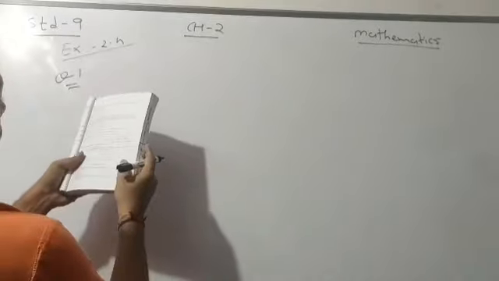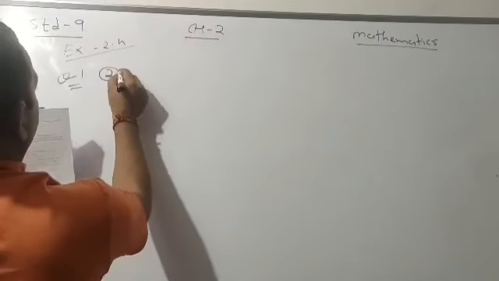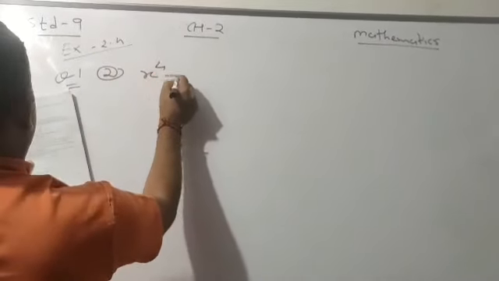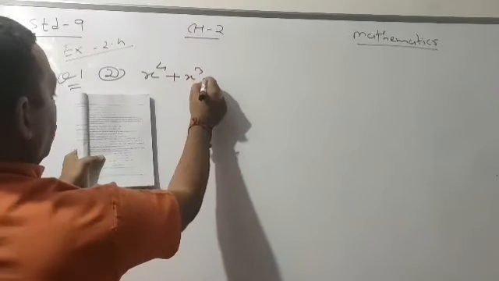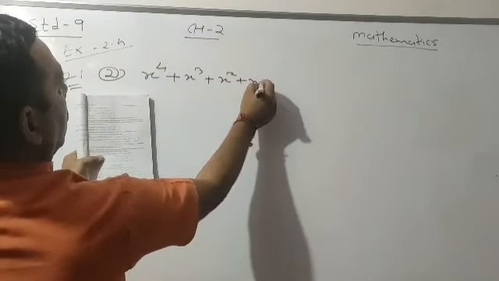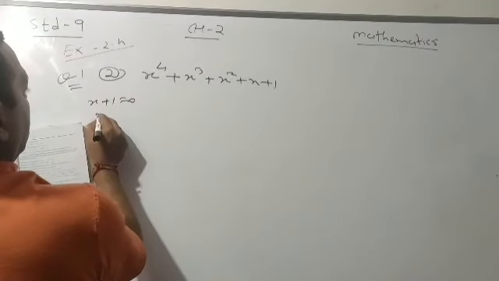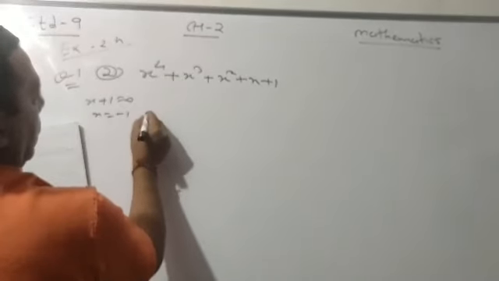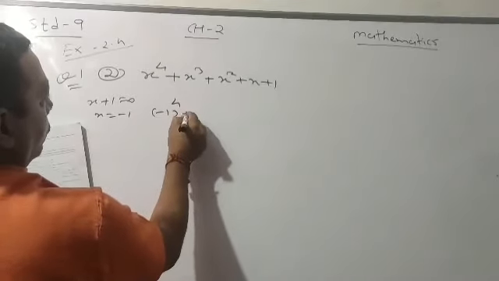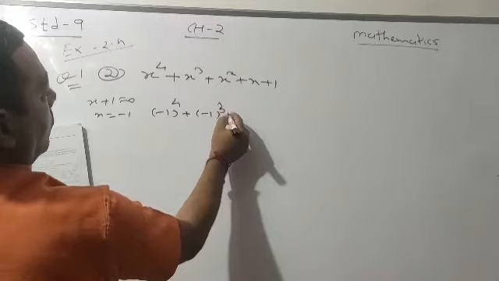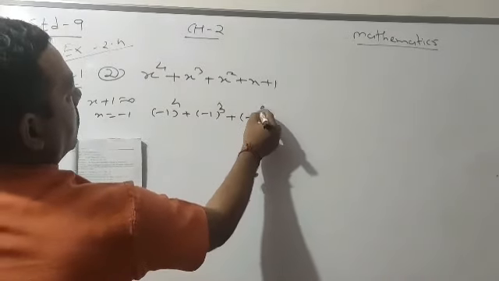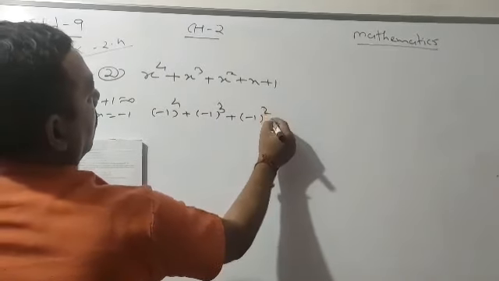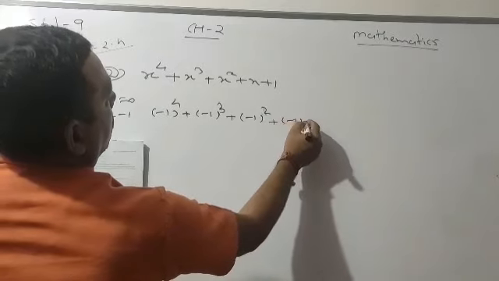See, the second question is x raised to 4 plus x cube plus x square plus x plus 1. Again the same, x plus 1 equal to 0, so we get x equal to minus 1. Now we will put minus 1 wherever there is x. So minus 1 power 4, minus 1 power 3, minus 1 power 2, minus 1, plus 1.